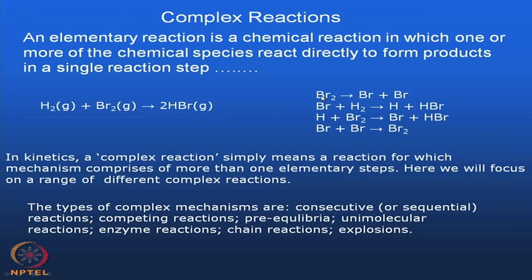And we have classified these complex reactions like consecutive reaction, competing reaction, pre-equilibria, then unimolecular reaction. Another is bioreaction, that is enzyme catalyzed reaction, chain reaction, which we will come to in a later lecture, and then explosion.